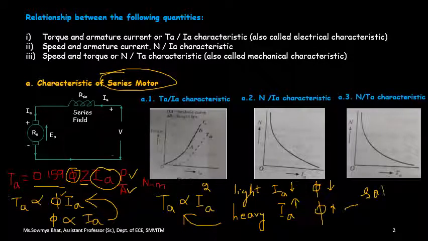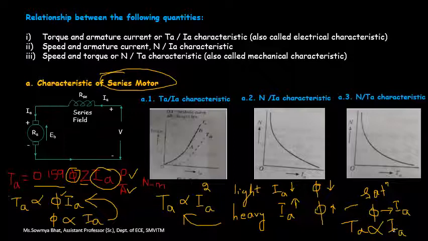The point when this saturation has been attained, the flux value phi will become almost independent of the value of the armature current. So when it becomes almost independent of the armature current, the armature torque is no longer in direct proportionality with the square of Ia, but armature torque is just in proportionality with Ia.